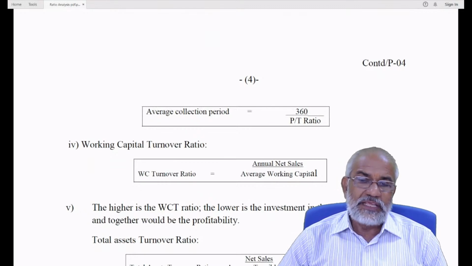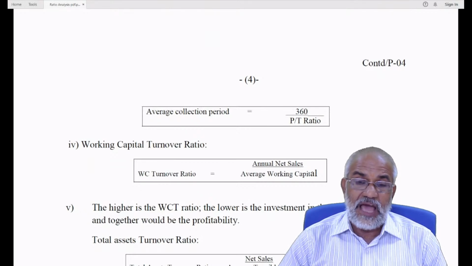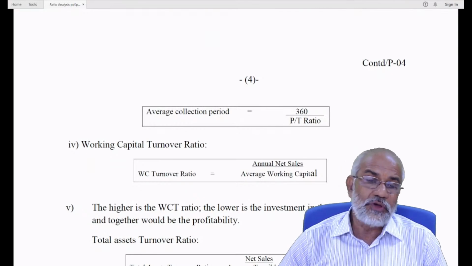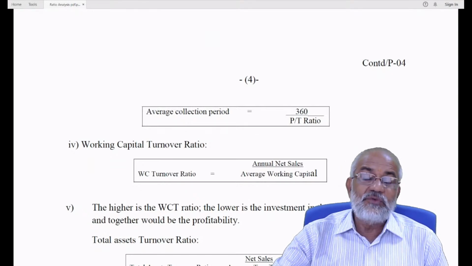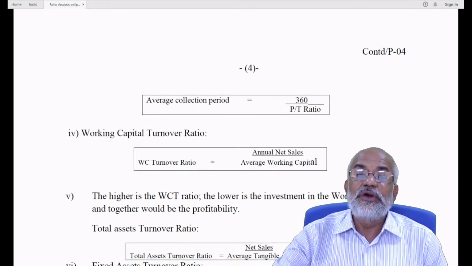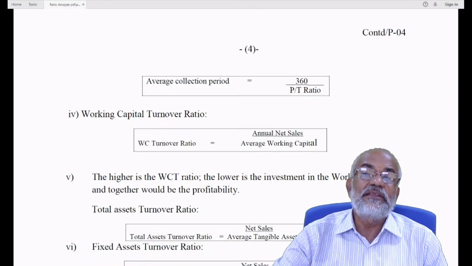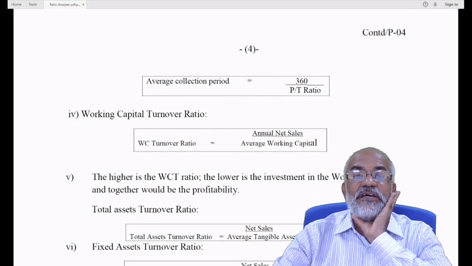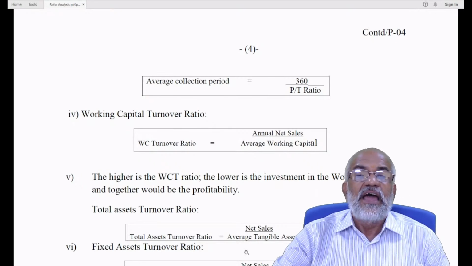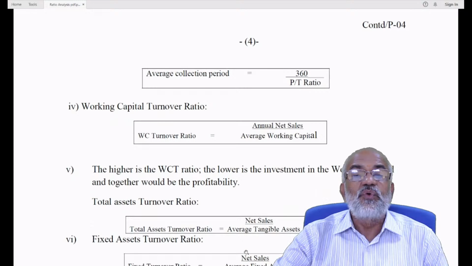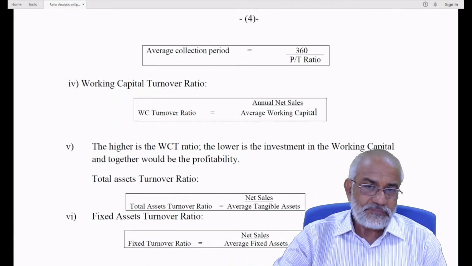So the annual net sales is divided by the average working capital to find out the working capital turnover ratio. The higher the working capital turnover ratio, the lower is the investment in working capital, and higher would be the profitability. And then we can go for computation of the total asset turnover ratio.